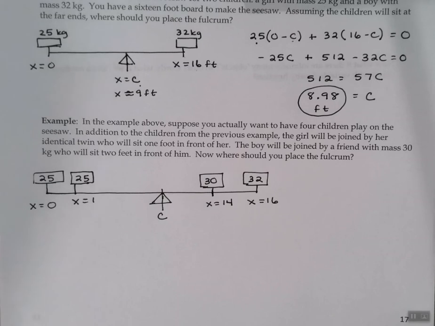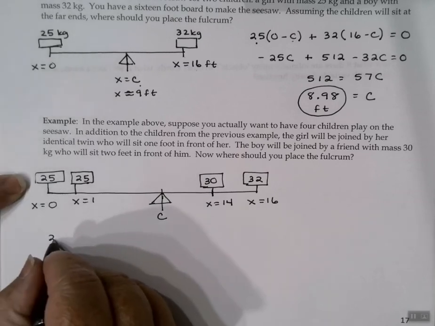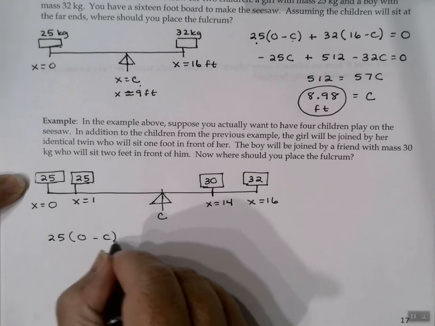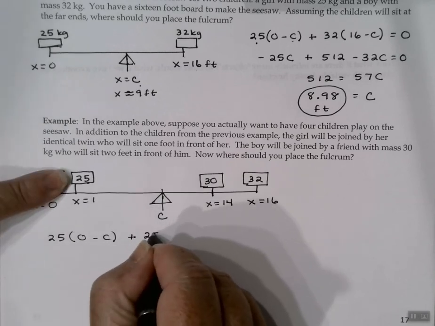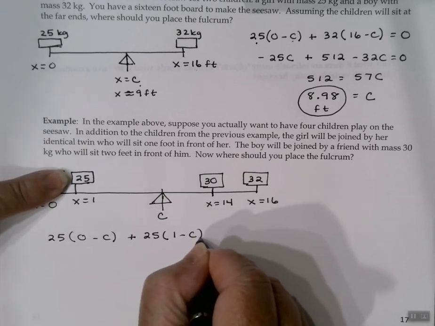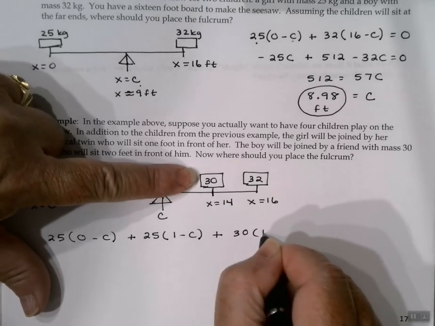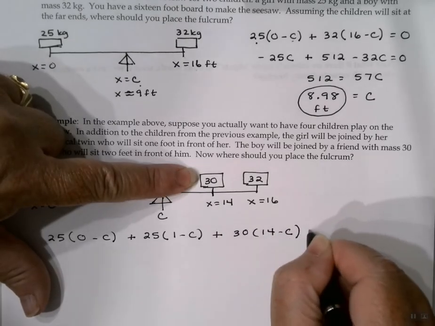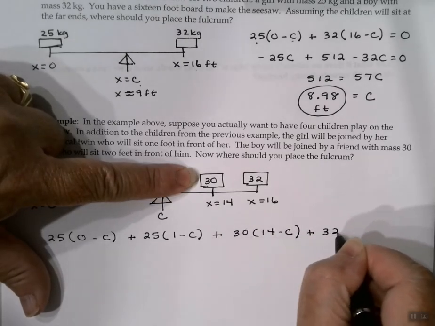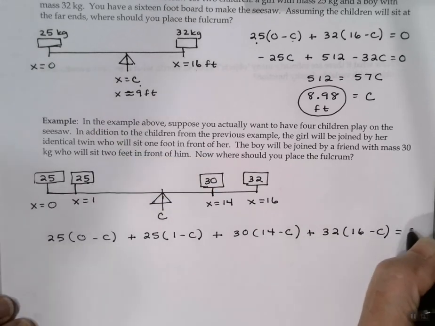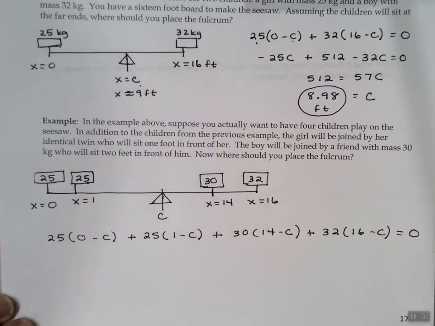So same idea, we just have 4 terms this time. Okay. So starting from the left, 25 times (0 minus C), plus 25 times (1 minus C), plus 30 times (14 minus C), plus 32 times (16 minus C), has to equal 0.